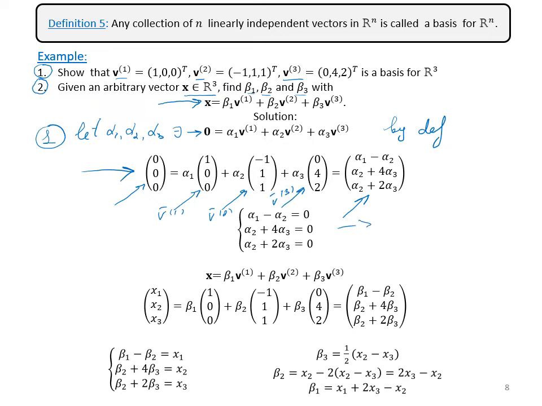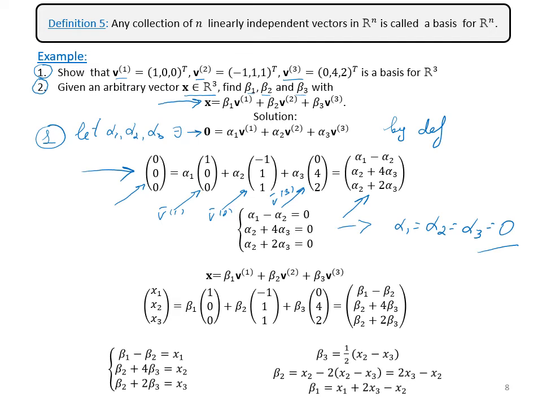The only solution for this system is alpha 1 equals alpha 2 equals alpha 3 equals 0. By definition, we have a basis in R3.